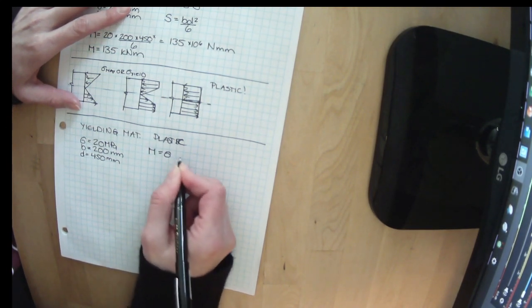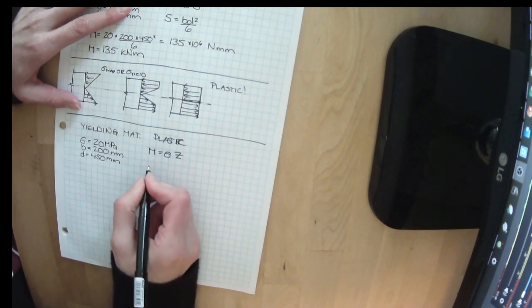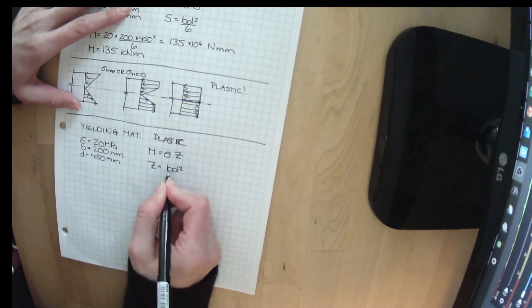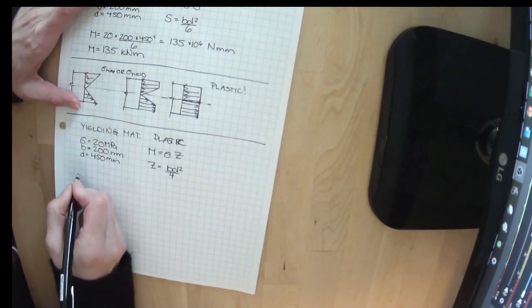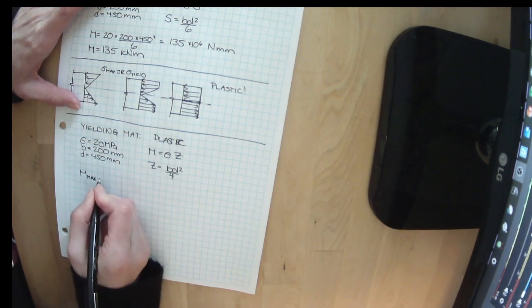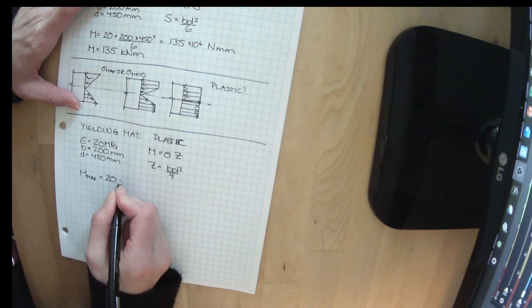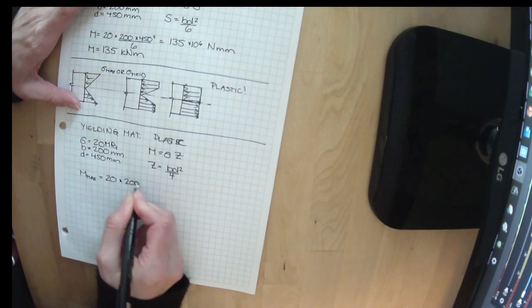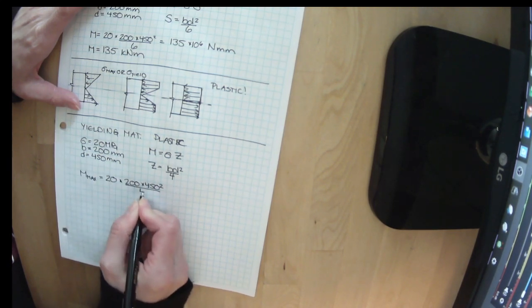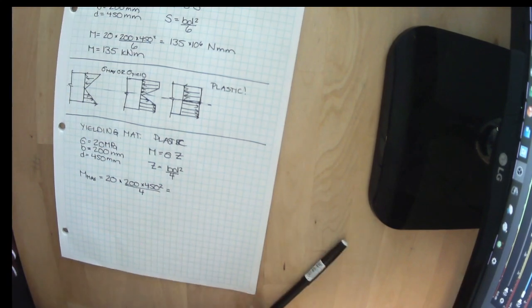M equals stress times Z now. Z equals BD squared divided by 4. So our maximum moment in this example is 20 times 200 times 450 squared divided by 4.